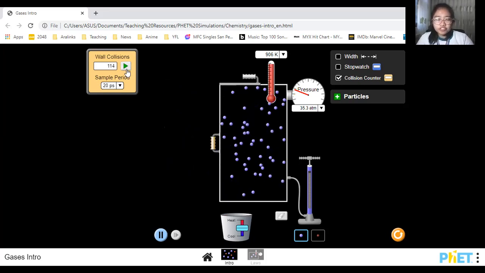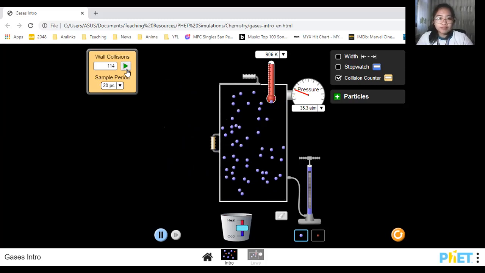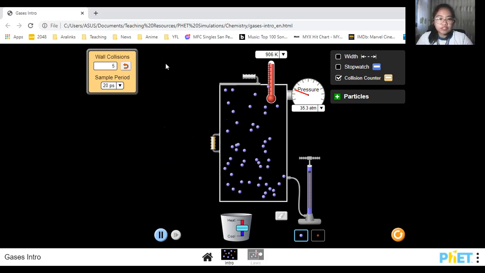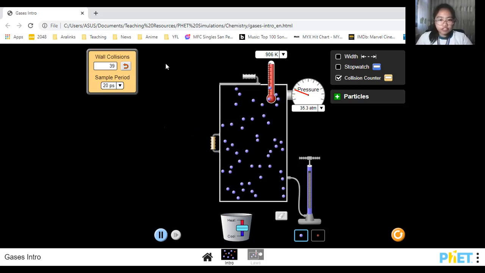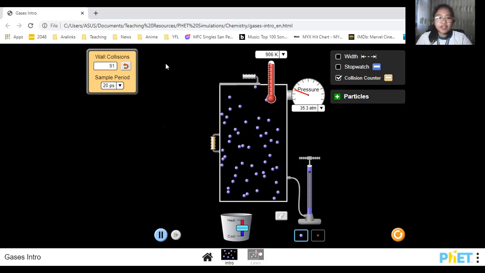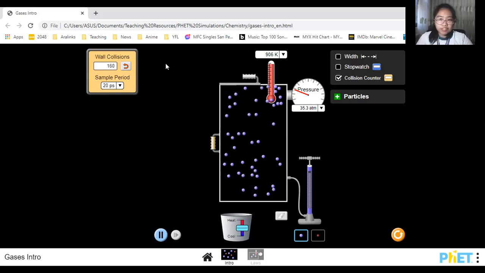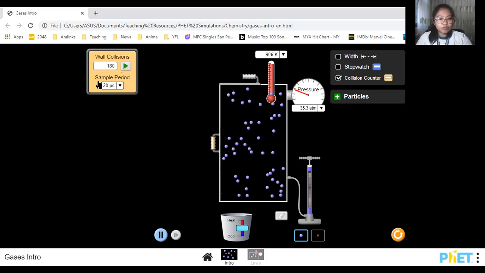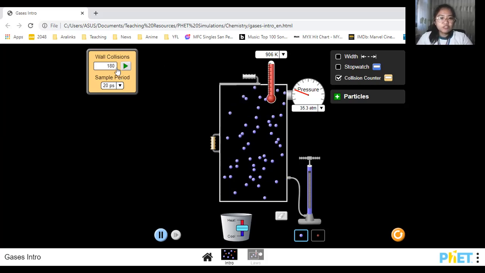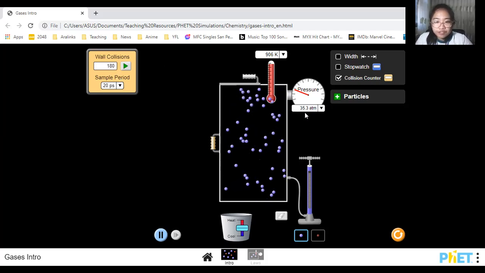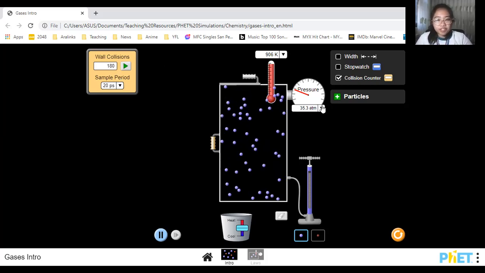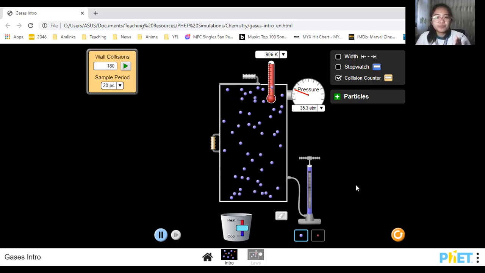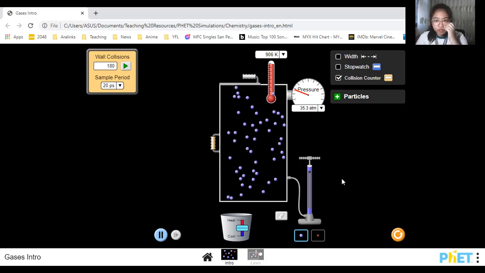Kasi yung number of collisions, yun yung pwedeng maging basehan natin sa pressure. Okay, so let's see how many collisions you will have if we have a smaller volume. Kanina 114, di ba? Ngayon, niliitan natin yung volume, 180 yung collisions. As you can see, naging 35.3 atmosphere yung pressure nung niliitan natin yung volume.